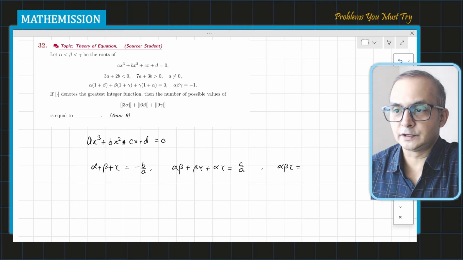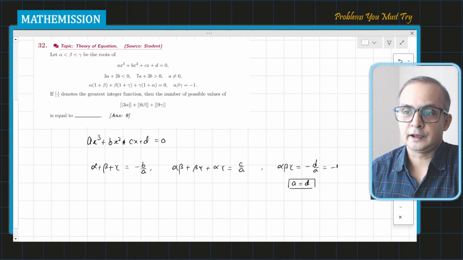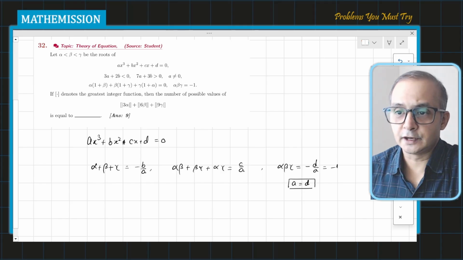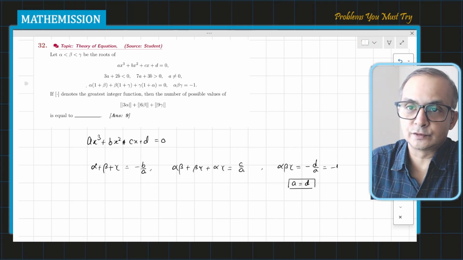So I can write alpha beta gamma is equal to minus d by a, and that is equal to -1. This will immediately give you the value a is equal to d. And this value alpha beta plus beta gamma plus alpha gamma we will use in this one.